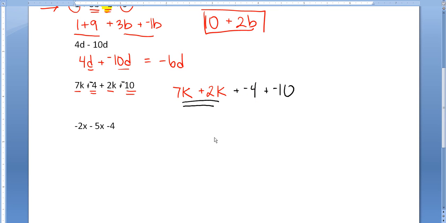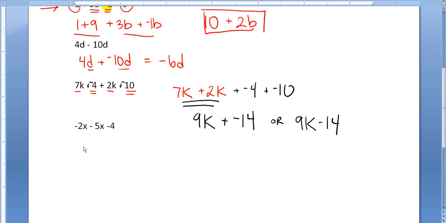These are like terms, I can combine them. 7k's plus 2k's. Again, you could think of it as just adding the coefficients, make 9k. And a -4 and a -10 can be added together to give me a -14. There's my answer. Of course, this could also be written like this, 9k minus 14. Both of those are very acceptable.